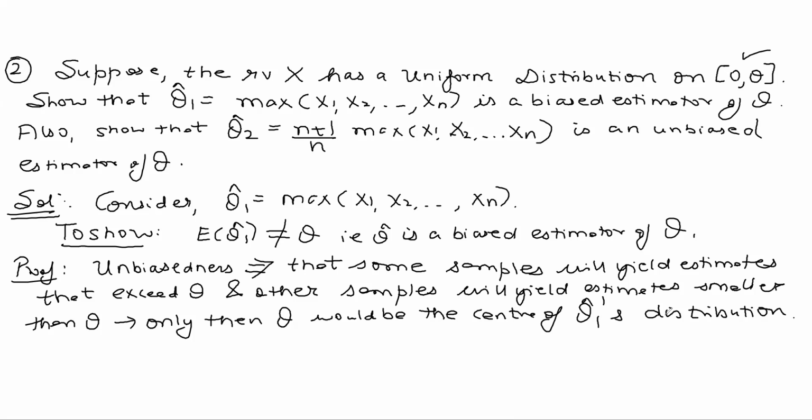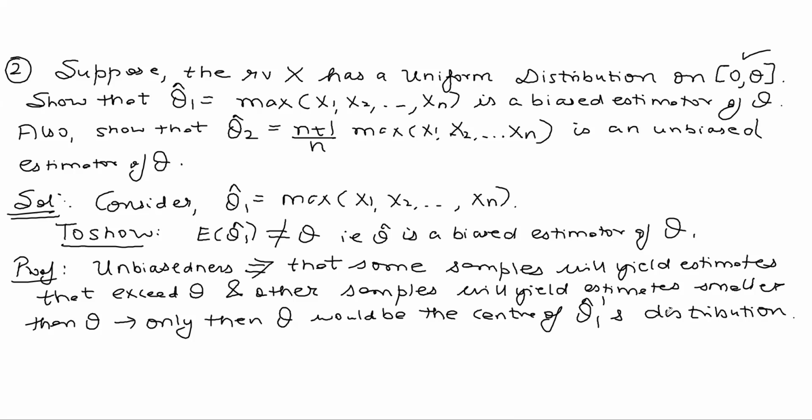When we talk about expected value, guys, what does this mean? It means some samples should give you estimates which are more than the expected value, which is in this case theta, and some samples should give you estimates which are smaller than the expected value, which is theta.